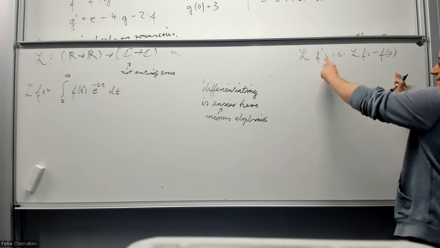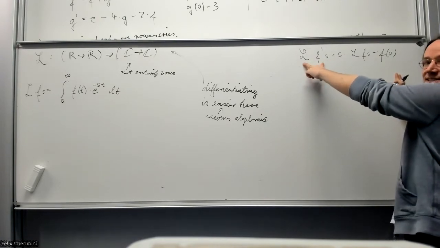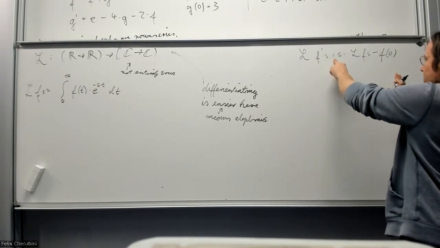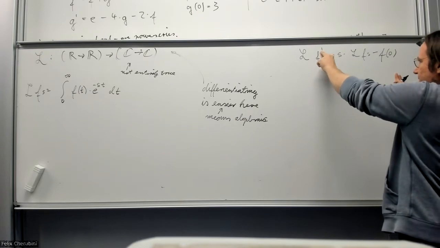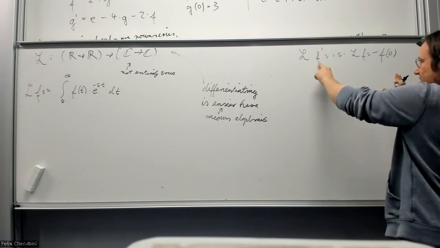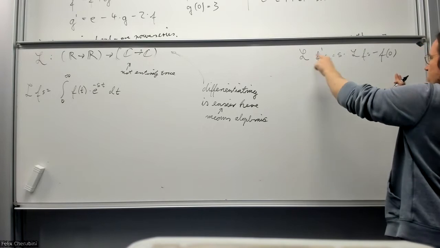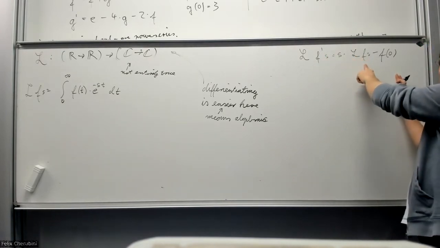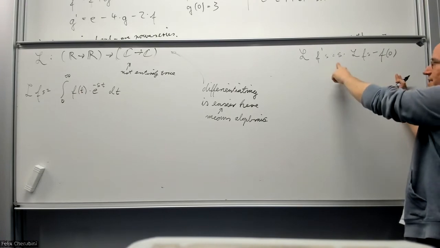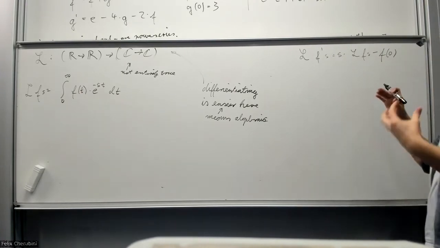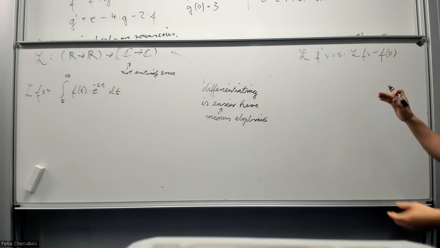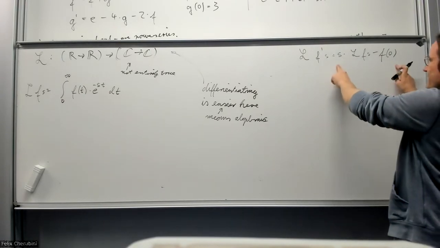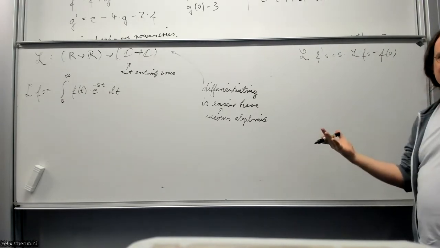So here I wanted to say this exactly. We apply something to our Laplace transform, and we get that differentiating in the argument of the Laplace transform is the same as the Laplace transform of the function multiplied by s. That's what I mean with algebraic. It's just like a linear transformation.